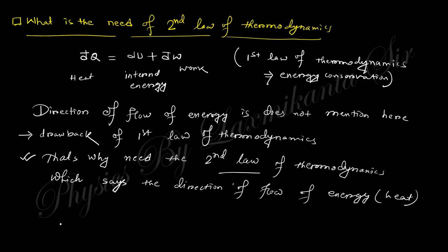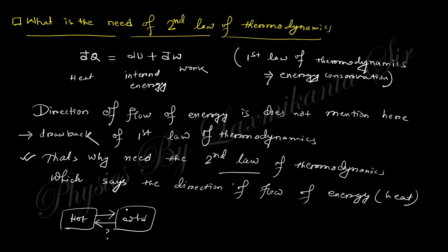For example, this is hot and this is cold. The first law cannot say whether heat transfers from hot to cold or cold to hot. The first law does not say. But in the second law, we can definitely say the direction of the heat flow.